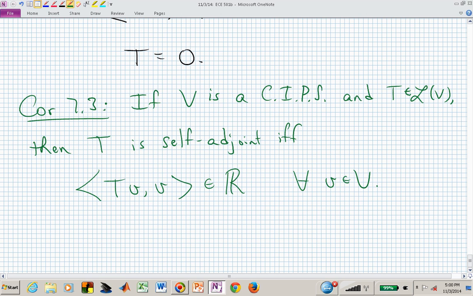Or if T is self-adjoint, then you can always know that the inner product of Tv with v is supposed to be a real scalar.